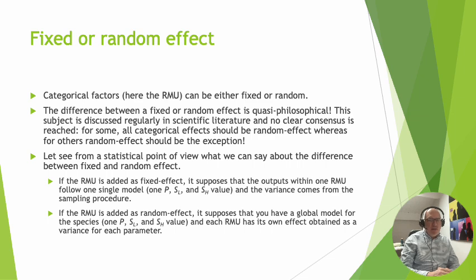If the RMU is added as a random effect, it supposes that you have a global model for the species, so one P, one S_L, one S_H value, and each RMU has its own effect obtained as variance for each parameter.